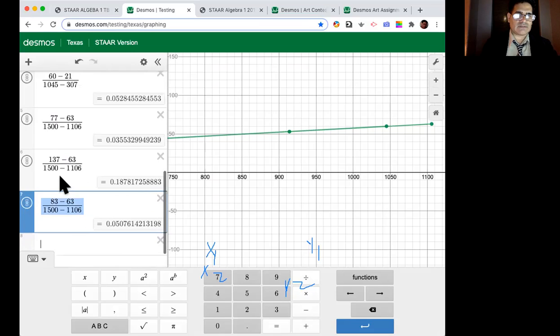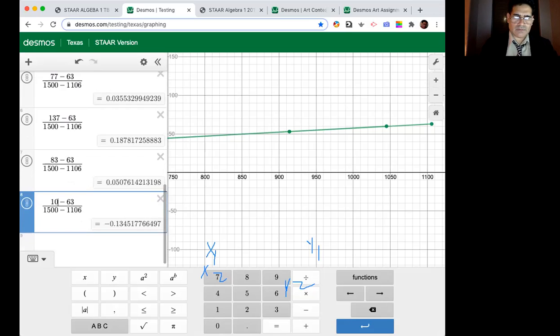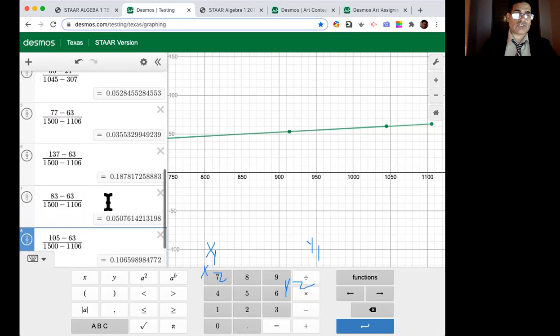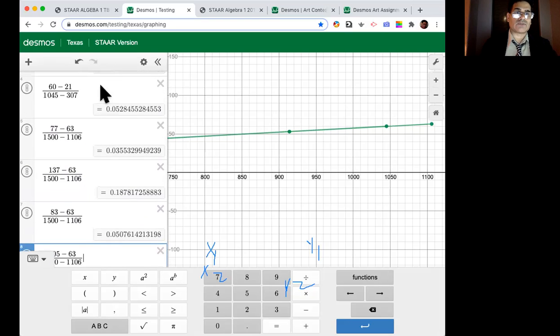All right. 105. Okay. 0.10. Okay. So it seems that 83 is the one that gets us the closest.